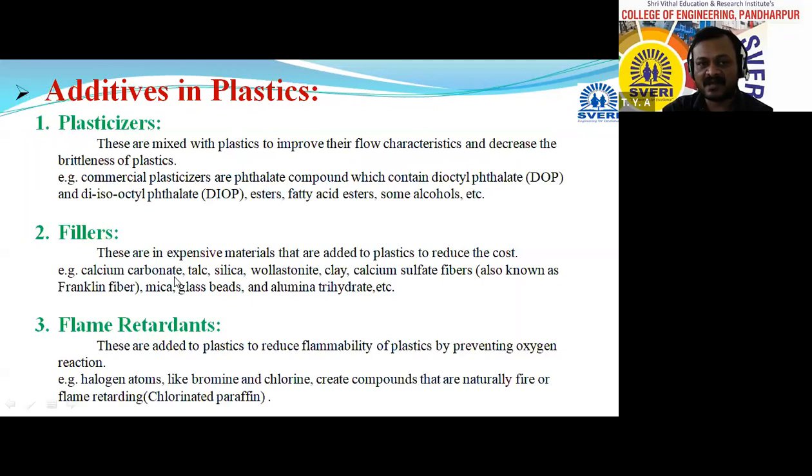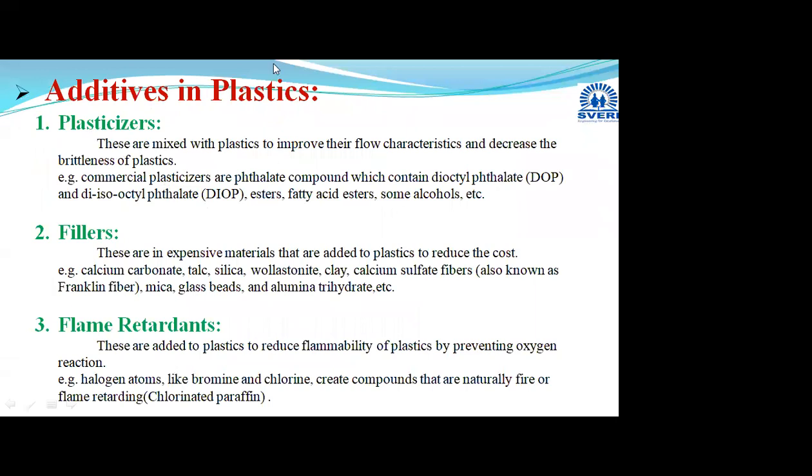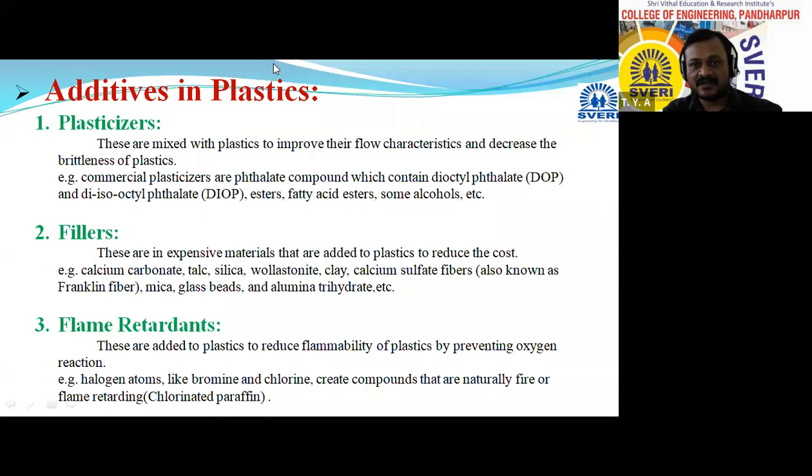Then we discussed some commonly used additives for plastic material, like plasticizers. If you want to improve flow characteristics and decrease brittleness, then we use plasticizers. If we want to reduce the cost of the plastic material, then we use fillers.